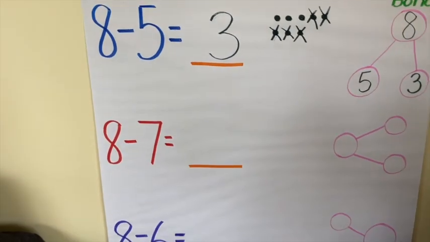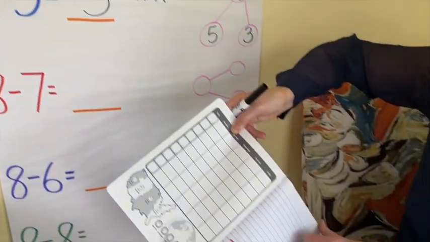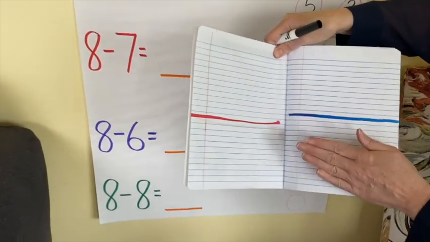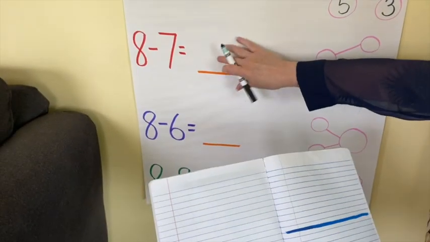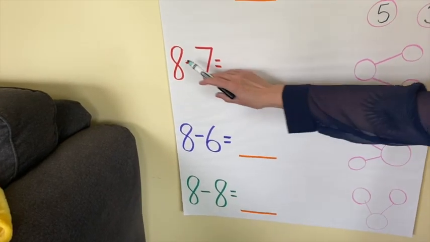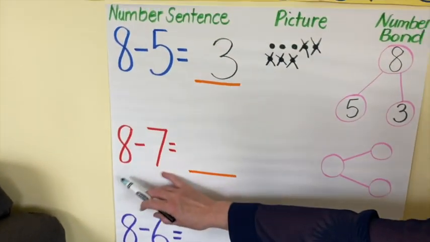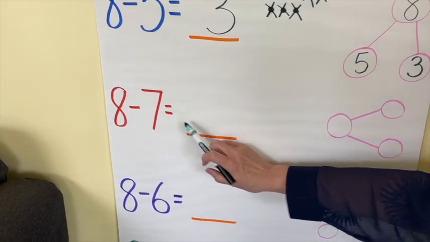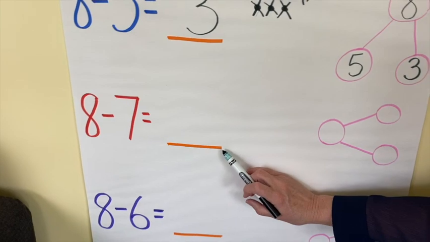Okay, so on your paper, you're going now to the bottom. So your work is here for the first one. Now go to the bottom. So this is number 2. All right, you go ahead. Please make this number sentence. Write it out. 8 minus 7 equals, and you can put the line blank.